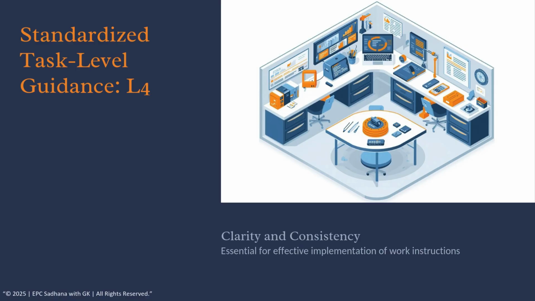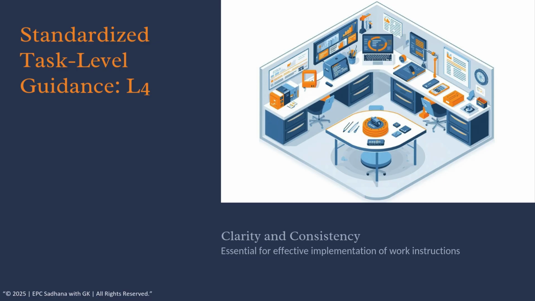Some examples could be a standard operating procedure for vendor evaluation criteria, SOP for GRN documentation, SOP for material quality acceptance, SOP for payment processing checks. So an SOP is an L4 document.